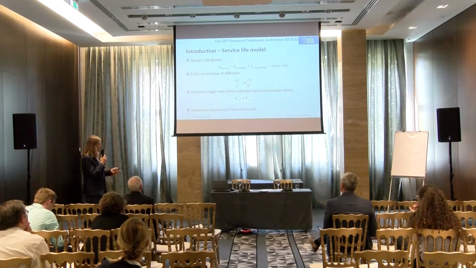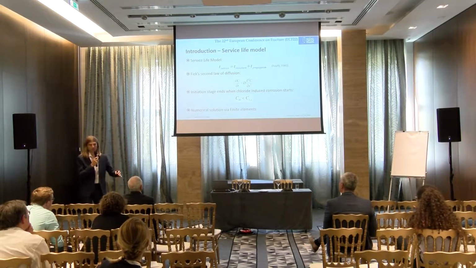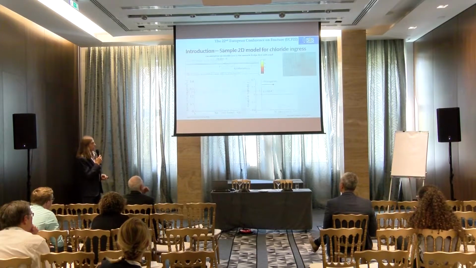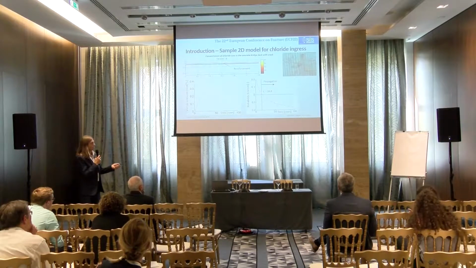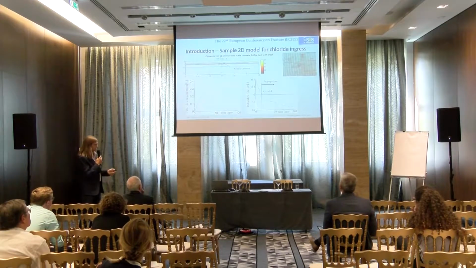And when the concentration of the chlorides at the level of the reinforcement is too high, then the corrosion starts to propagate, and the initiation period is exploited. So this is a sample of the 2D model built in the MATLAB that we use.